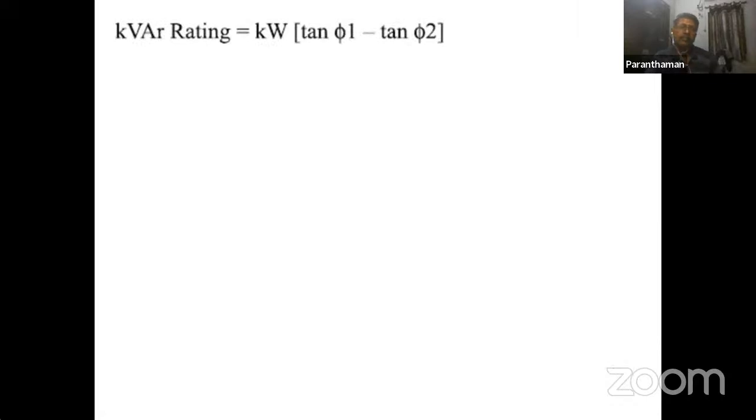kVAR rating. Sir, please keep this in mind. kVAR means the capacitor kVAR requirement, which is equal to the kilowatt times (tan phi 1 original minus tan phi 2 new).